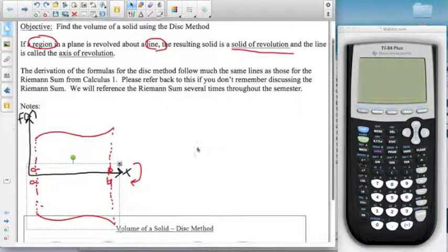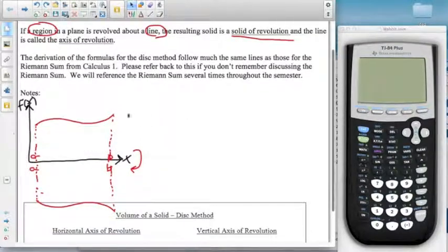And so you'd get this. You get this three-dimensional circular solid that has kind of a scalloped outer surface to it.